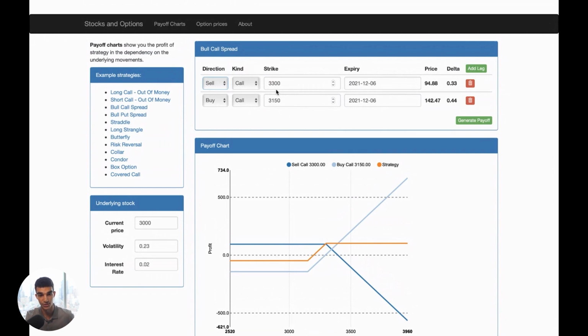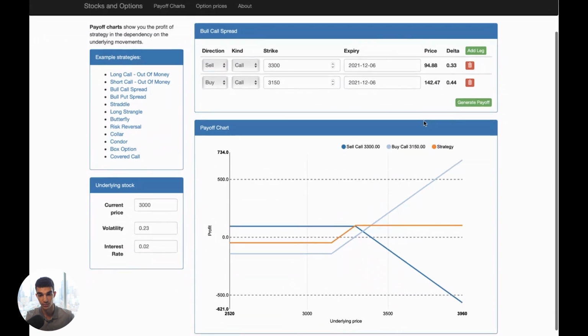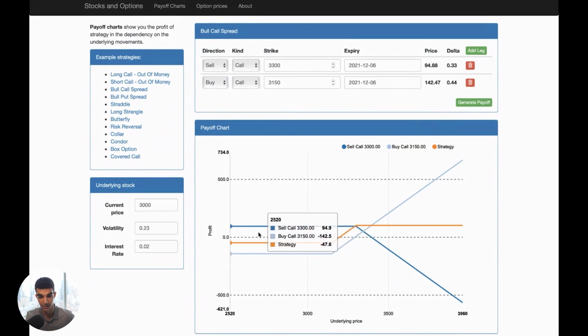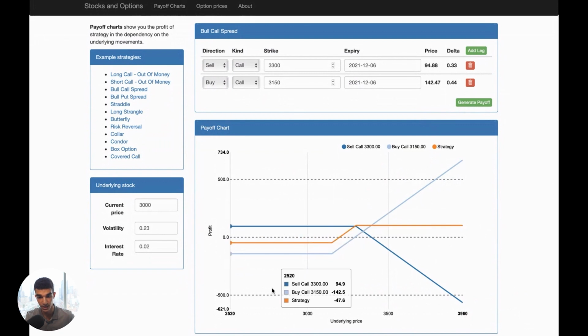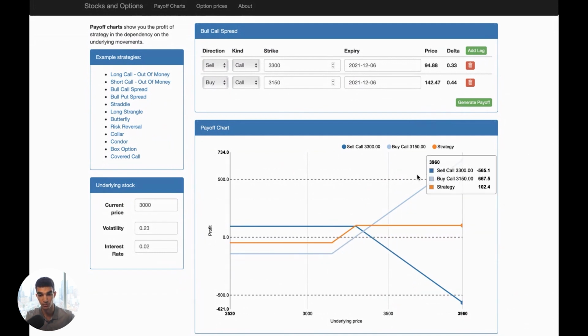So sell high strike call, buy low strike call, we generate payoff, and this is what we get. So the dark blue line here is selling the high strike call, and then the light blue curve is buying the low strike call, and then when we combine both together, we get the orange line, which is the bull call spread payoff that you mentioned earlier.